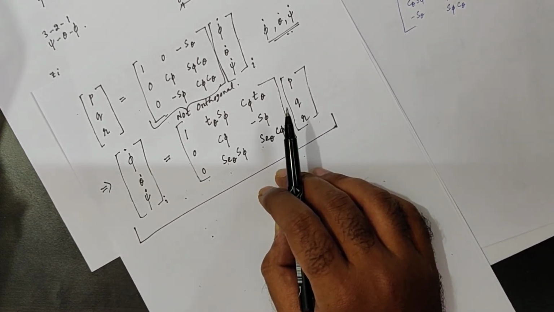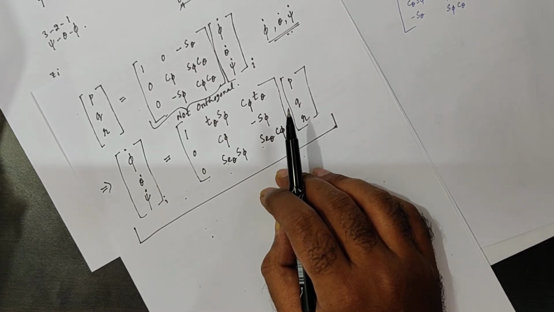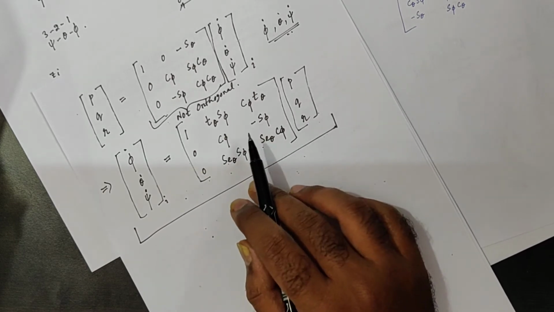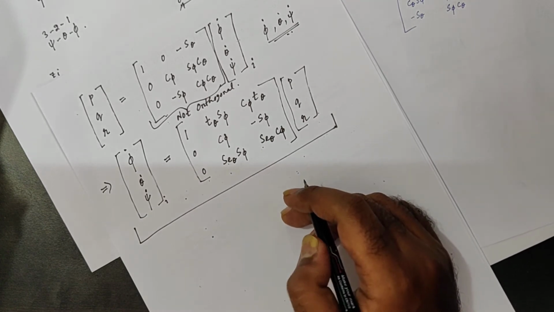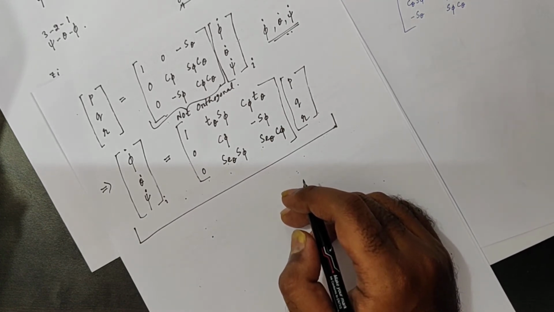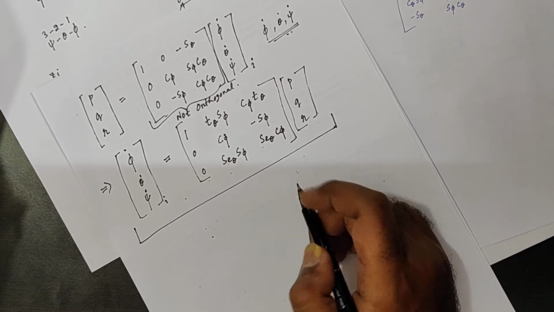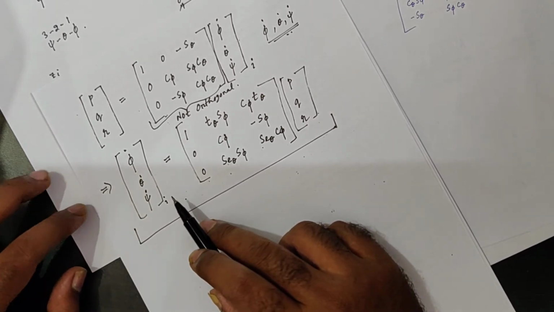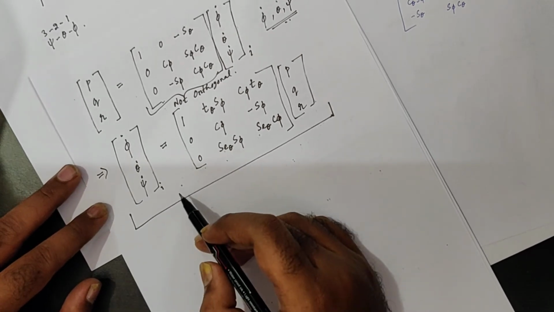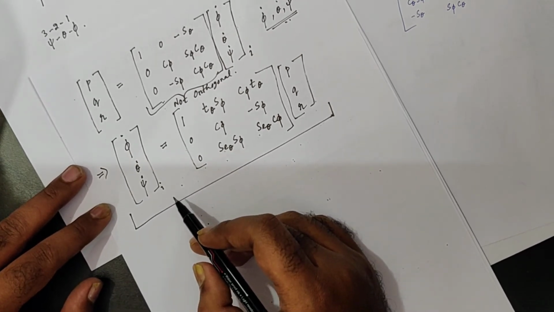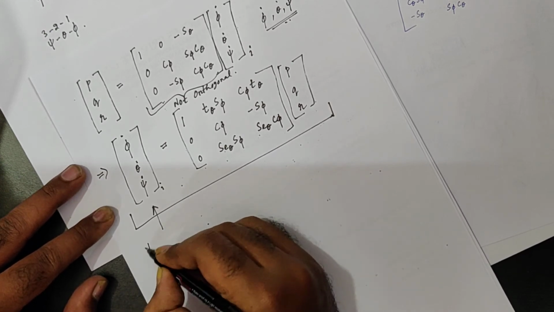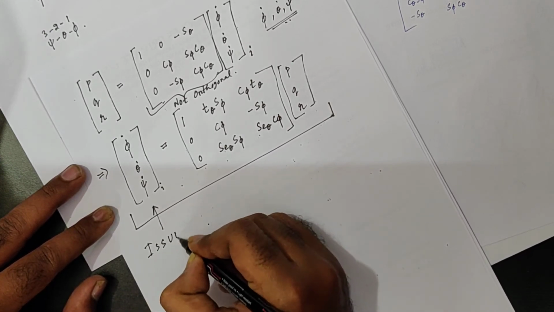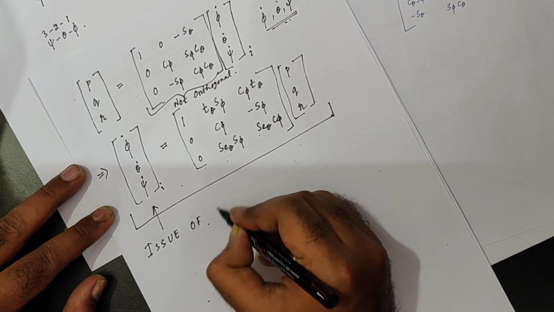Now, as we had already discussed, each of these transformation methods has its own limitations, right? One such limitation associated with Euler angles and Euler angle rates is the issue of singularity.